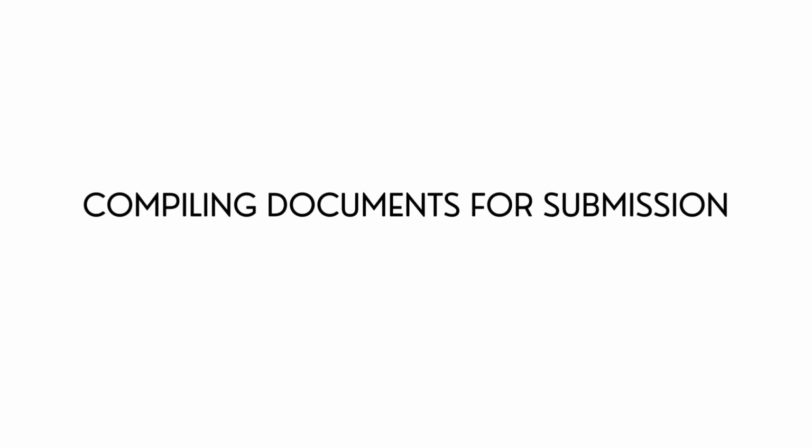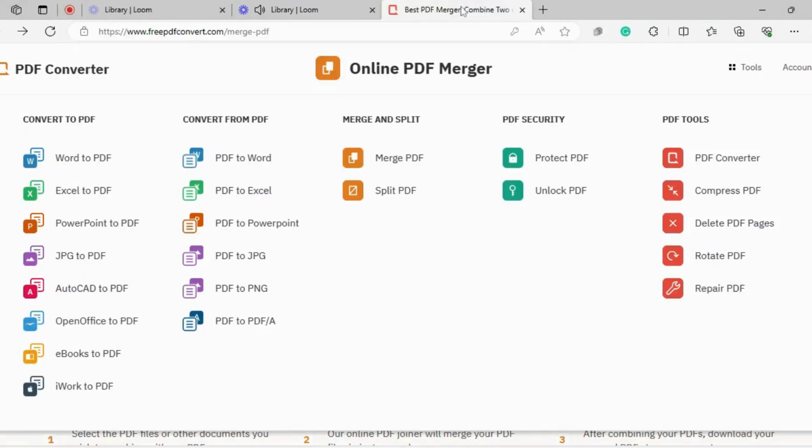Which brings me to compiling documents for submission. My go-to tool is PDF Converter. This is like my one-stop shop for everything, and I use this tool to convert my documents to PDF. I use it to merge documents as well as to compress documents.